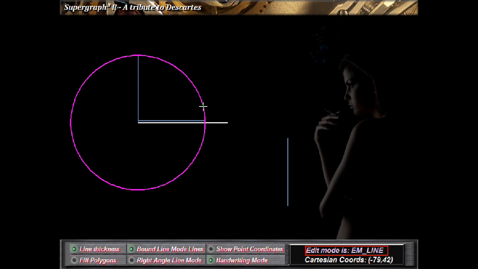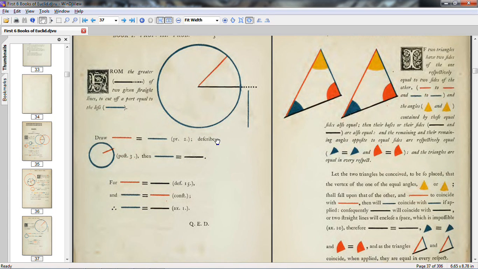Or another way of saying it is that I've cut off the extra bit. So we added now that ability to our toolbox, and that's exactly the proof as explained here.